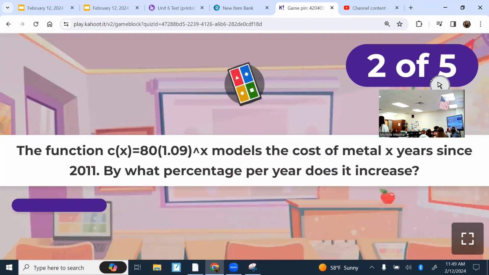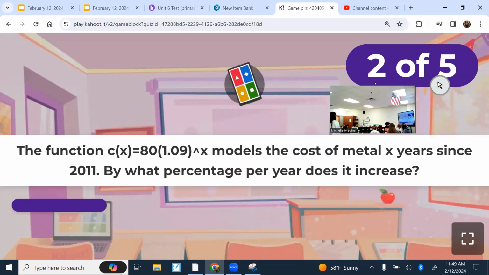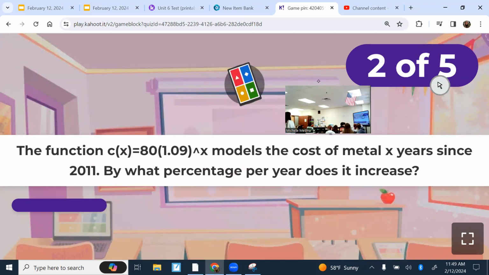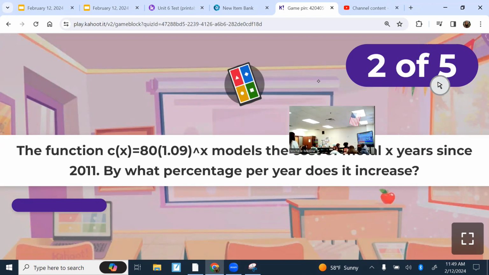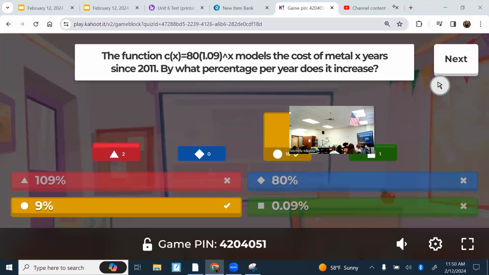So same function, by what percentage per year does it increase? For the percentage, so you would look where the b was, right? That's how we determine if it was increasing or decreasing. You can also tell by how much based on what the value of b is.